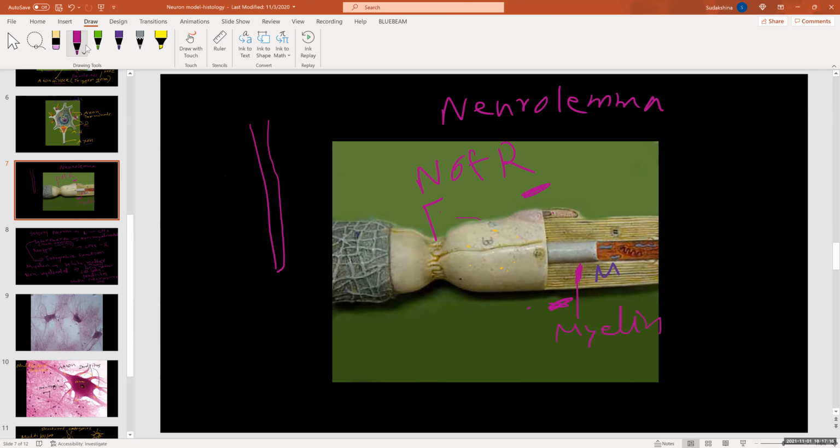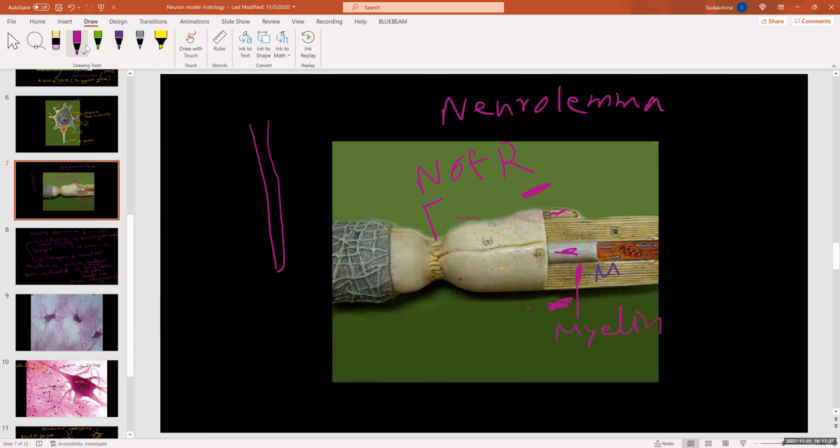Just like there is sarcolemma, neurolemma is the outer coat of the myelin. Basically, this myelin is being produced by a different cell that wraps around the axon. Here is the axon, here is the myelin producing cell. You can see the nucleus of the myelin producing cell.